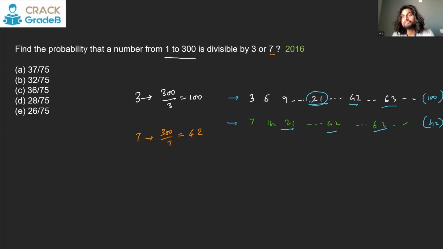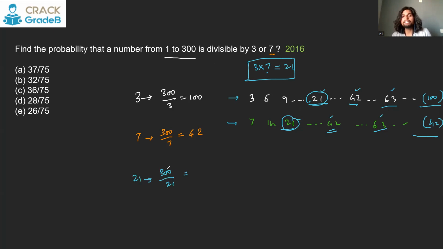All the multiples of 21 are common, because 21 is the LCM, or product in this case, of 3 and 7, since they are co-prime numbers. So we have counted the multiples of 21 twice, and we have to subtract them once.